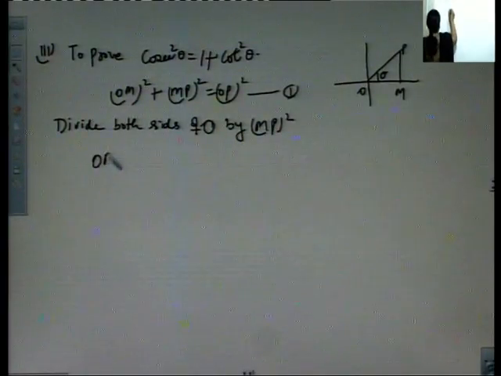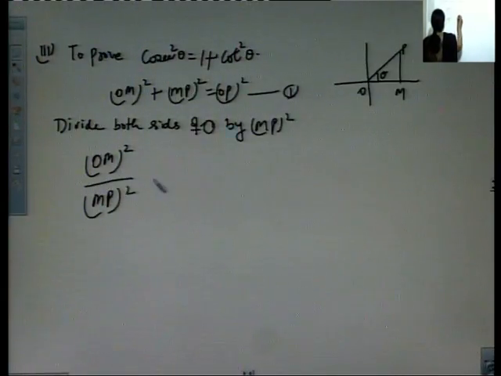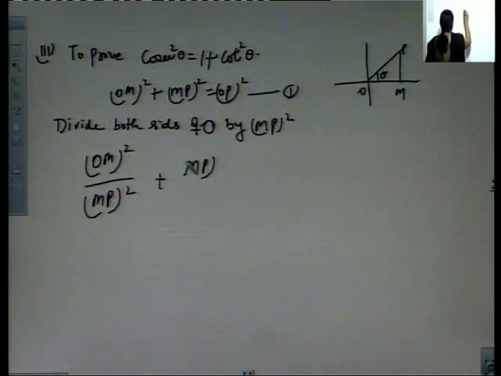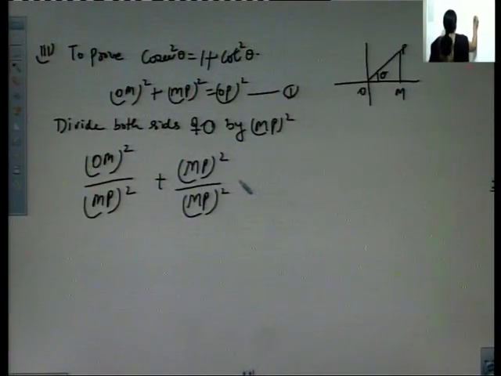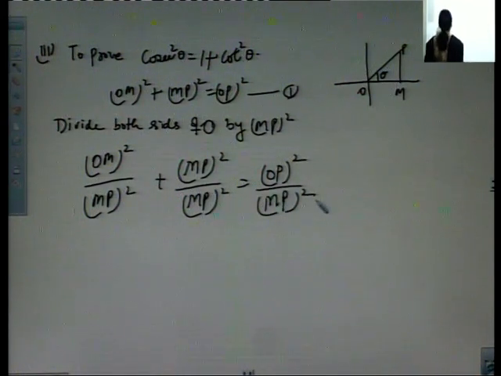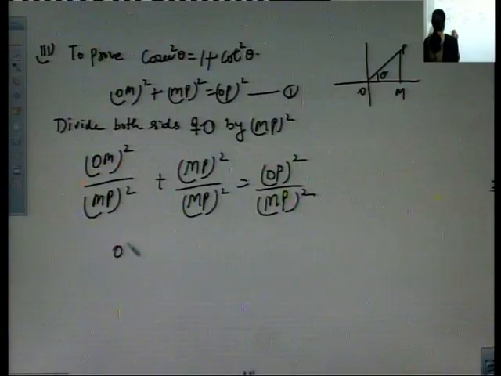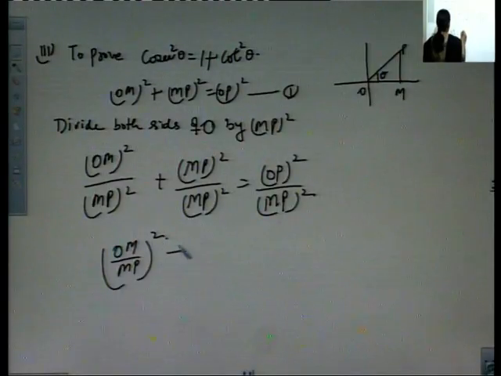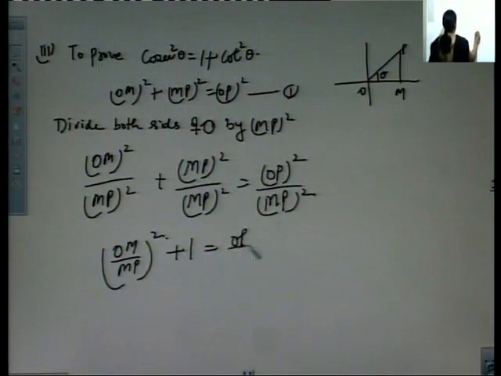Now divide: OM square upon MP square plus MP square upon MP square is equal to OP square upon MP square. That is, (OM upon MP) whole square plus 1 equals (OP upon MP) whole square.